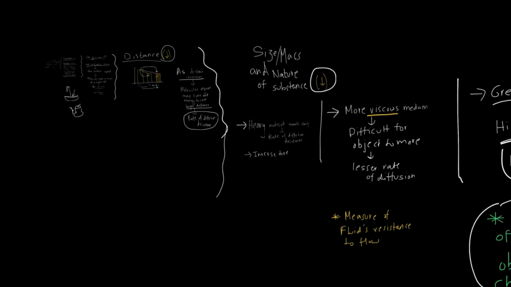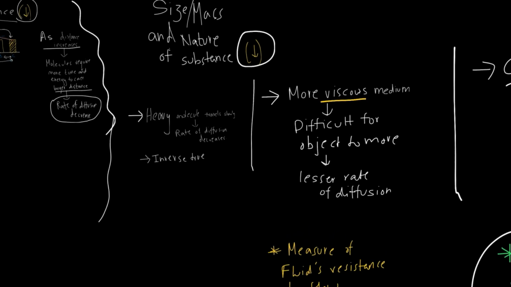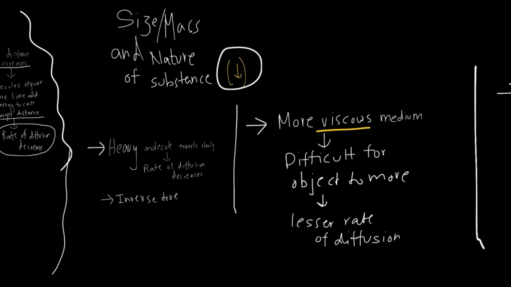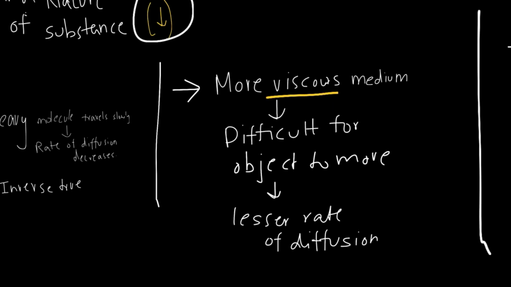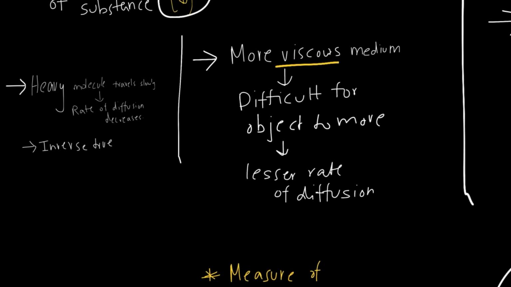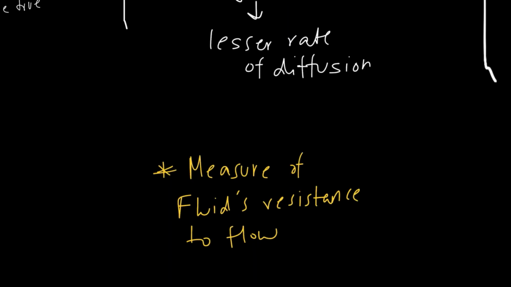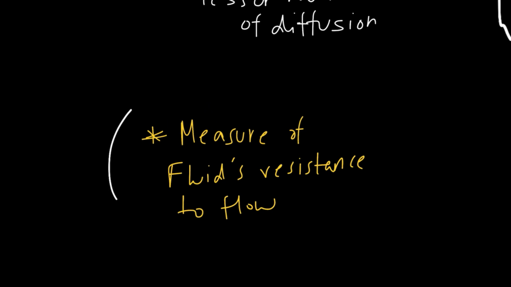Now coming on to the nature of substance. So if a medium is more viscous, it's difficult for the object to move, and as a result there is a lesser rate of diffusion. Now I've stated right here what viscous means. Viscosity is the measure of the fluid's resistance to flow.